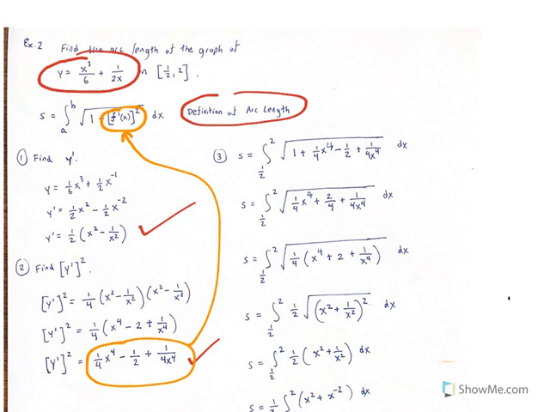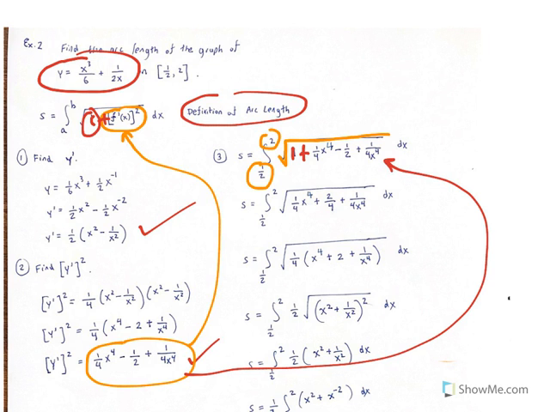So you have the definite integral from x equals 1/2 to 2, and the integrand is, by the definition, the square root of 1 plus the square of the derivative of the function. And of course, this is the square of the derivative of the function, so I write that in there.